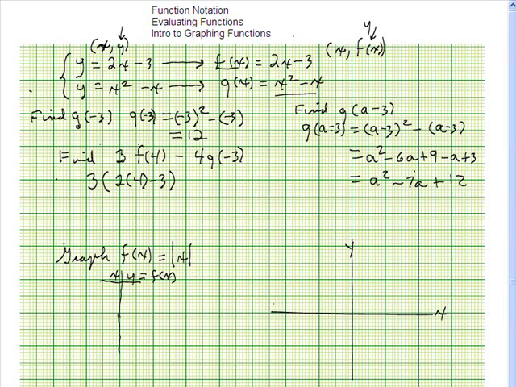Now I said that this was not multiplication. This was a single number. This is multiplication. 3 is not part of this. This is a 3 times f of 4. And this is 4 times g of negative 3, but I did g of negative 3 already. I did it right here. So I'll just bring it down. So again, this is 2 times 4 minus 3, which is 5.